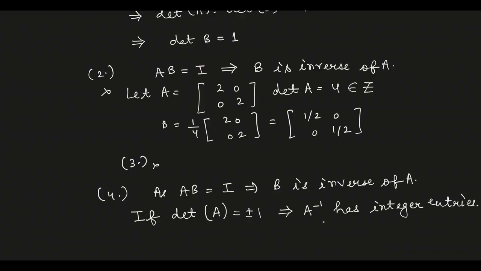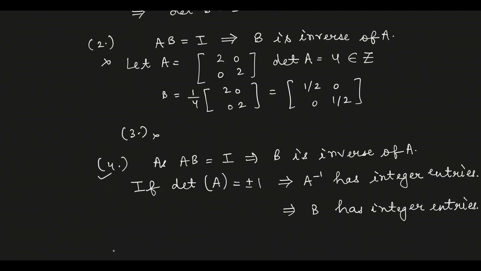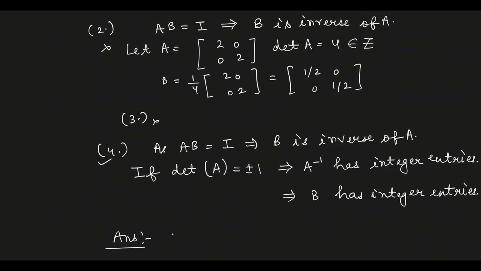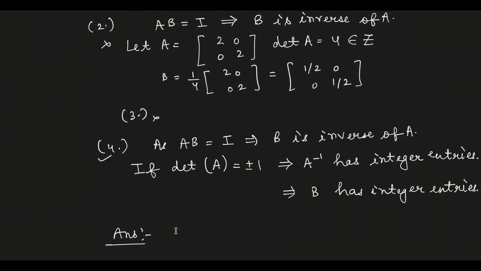Here inverse of A is B. This means that B has integer entries. So option 4 is correct. So the answer will be option number 1 and 4.